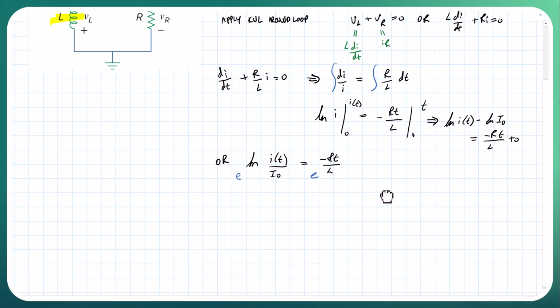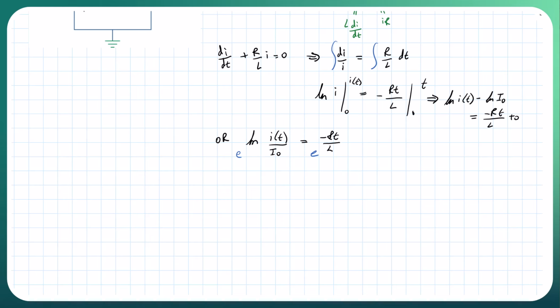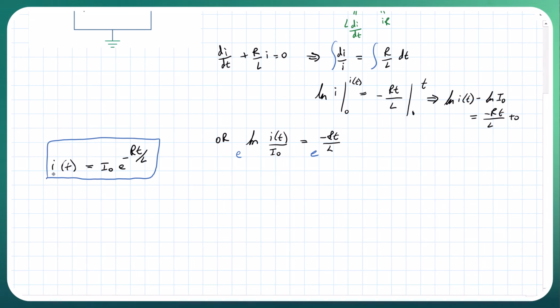We can further simplify this, and then we get i of t is equal to I naught e to the minus Rt over L. Okay, so this is the first step to finding the solution for the current.